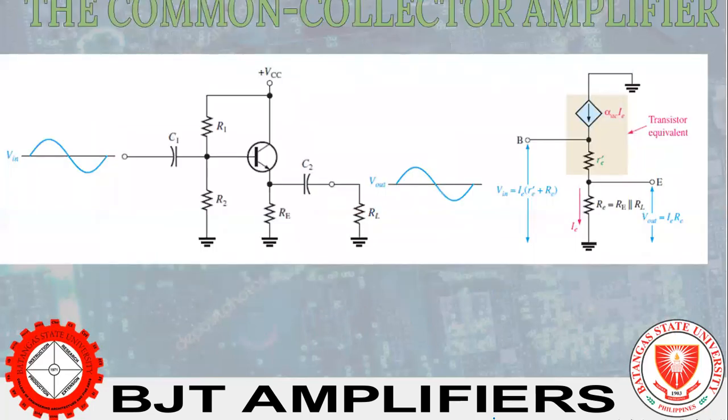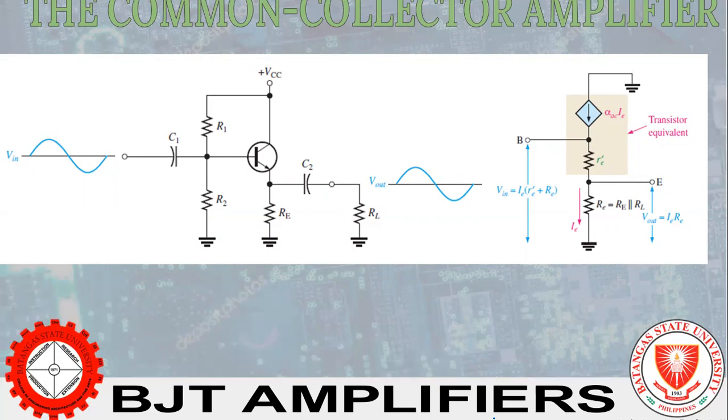Common collector amplifier naman tayo. So, kanina common-emitter. So, madali lang to kasi pare-pareho lang naman yung pinagagawa natin. Dito sa common-emitter, common amplifier, common collector, common base. So, common collector amplifier is commonly known as emitter follower.